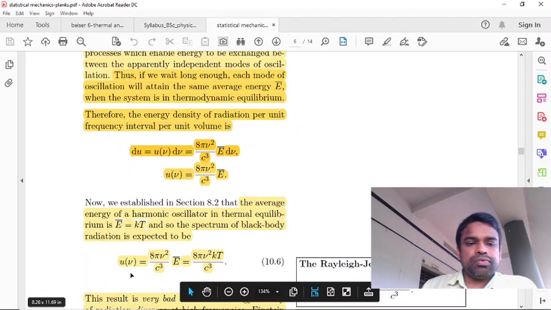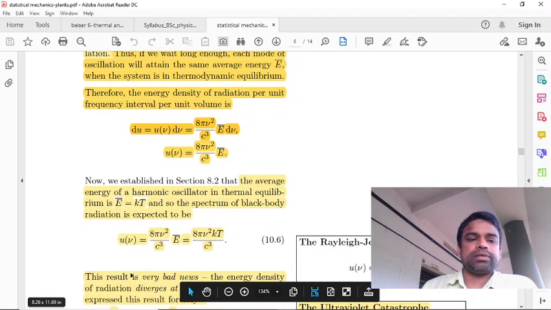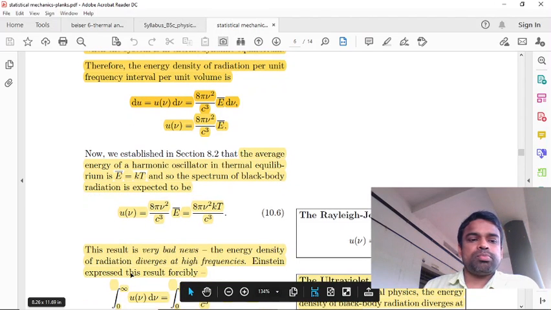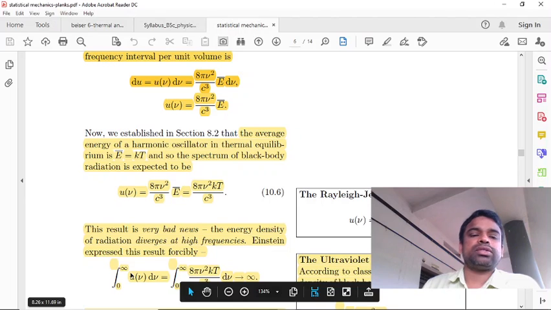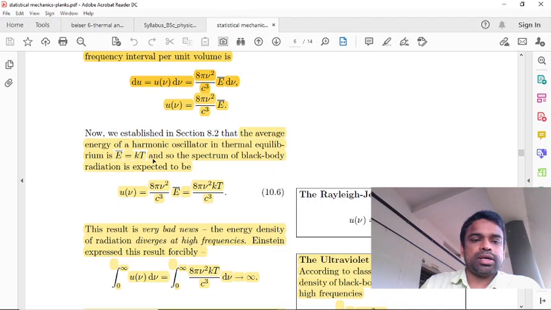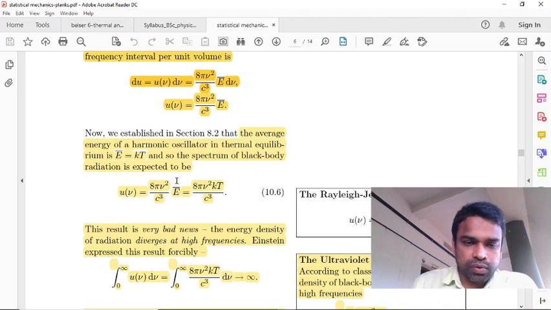The average energy of a harmonic oscillator in thermal equilibrium is kT, and so the spectrum of black body radiation is expected to be u of nu equal to 8 pi nu square by c cube E average. Substituting E average by kT, we get 8 pi nu square kT by c cube. And this is known as Rayleigh-Jeans law, or Rayleigh-Jeans formula of black body radiation.